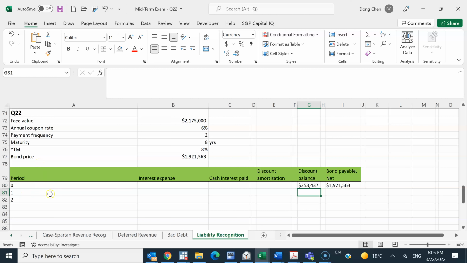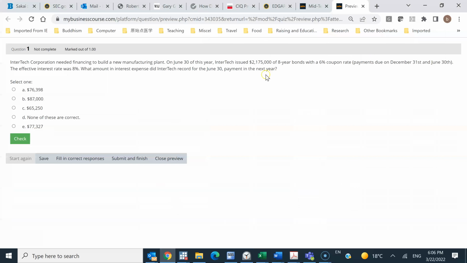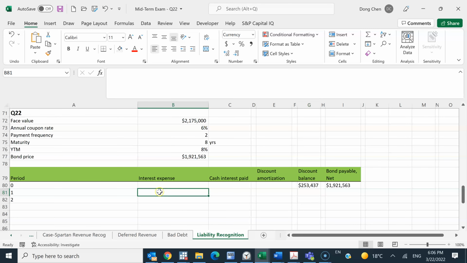So this one is the date that the first payment will be made. Since the current date is June 30th, that means it's going to be December 31st. That's what the number one here is referring to. So the first interest expense will be based on the bond payable, which is the current price, right? And then multiplied by the YTM.